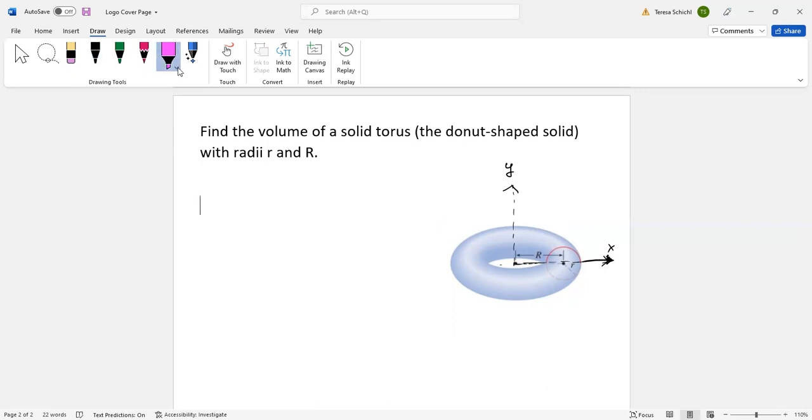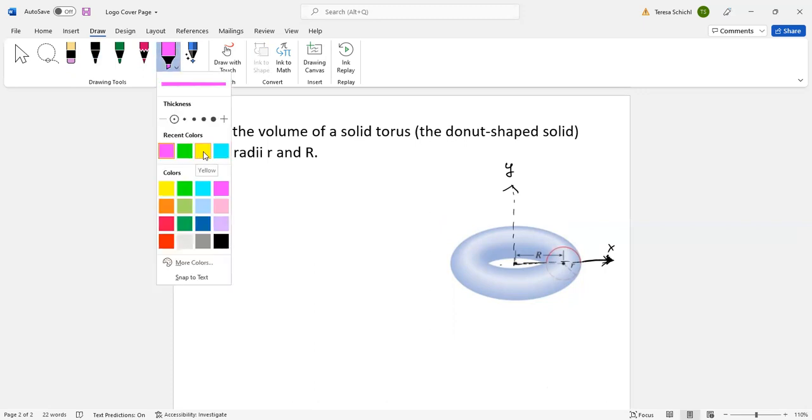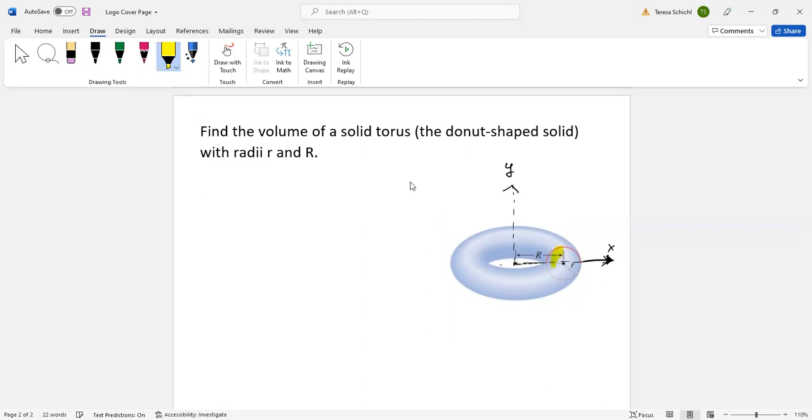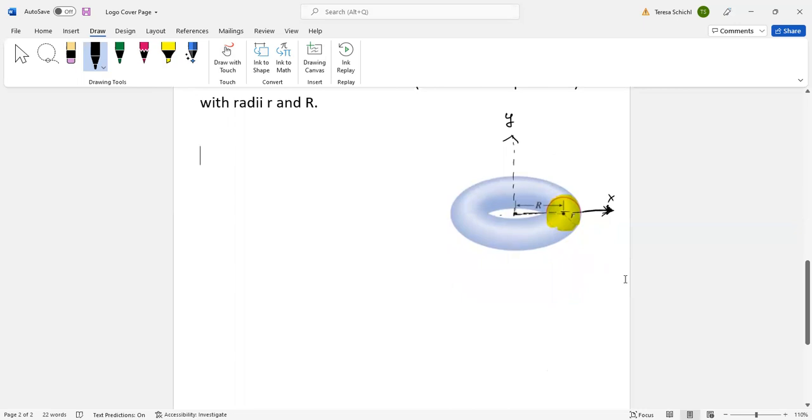So let me put in some colors. For example, this is the circle we are working on, and we are rotating this circle about the y-axis. Now let me put this circle into a two-dimensional plane, and maybe you can see better.